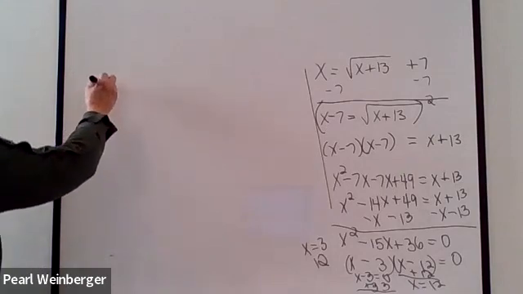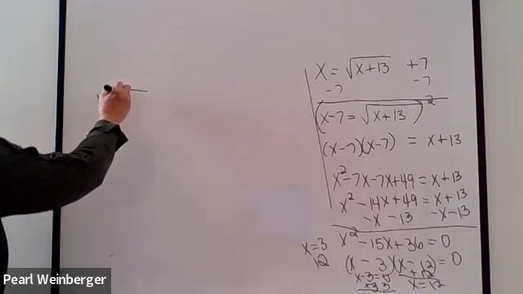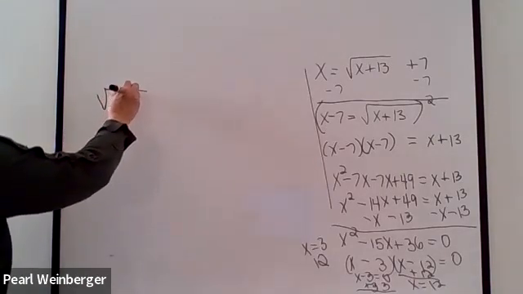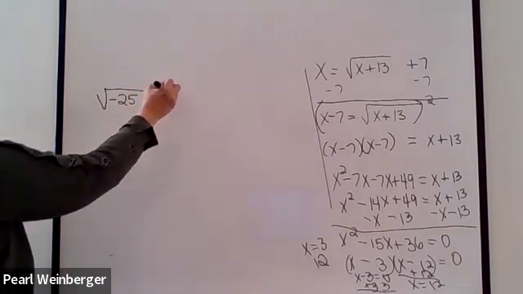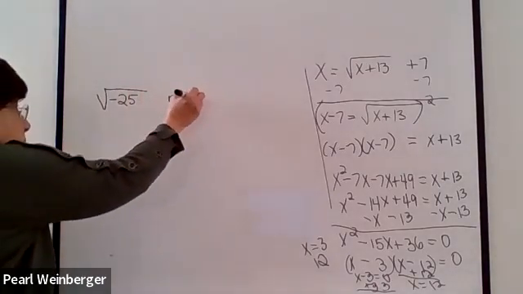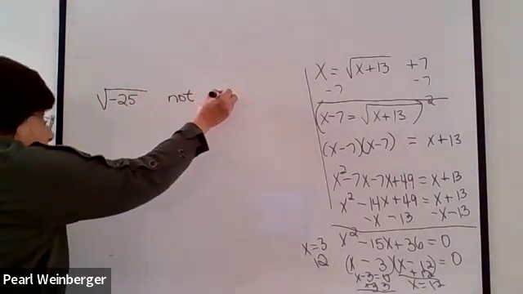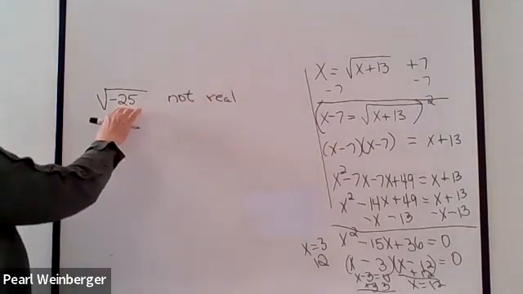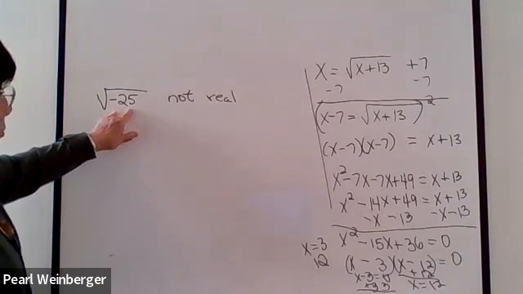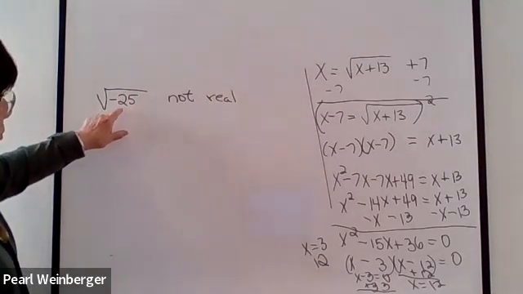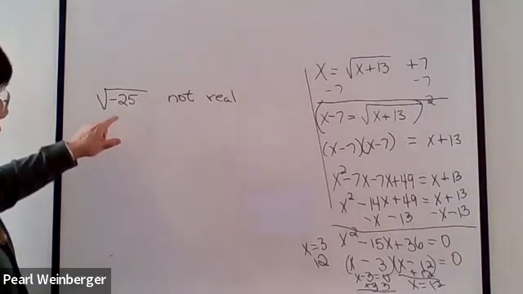Remember when we talked about something like this, when we had a square root, we said if you only have real numbers, we can't do the square root of a negative number. Why? Because the only possibilities these numbers could be are either 5 or -5.